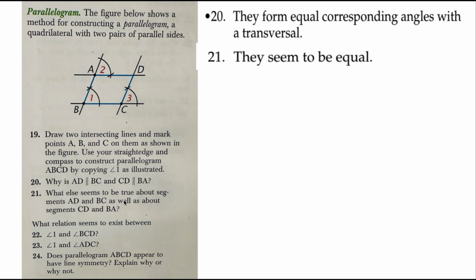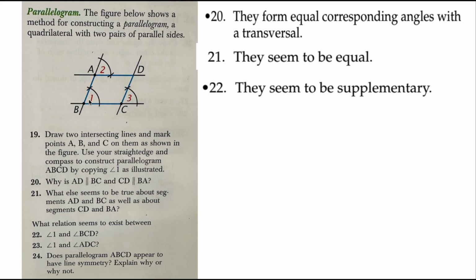Now, number 22. What relationship seems to exist between angle 1 and BCD? So basically angle 1 and angle C right here. What seems to be the relationship? Well, they are both interior angles, and so angle 1 and angle BCD are going to be supplementary angles.